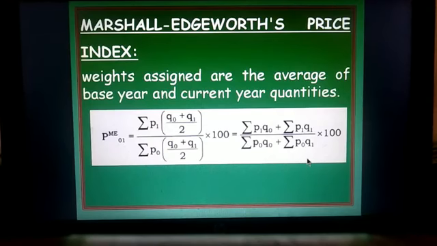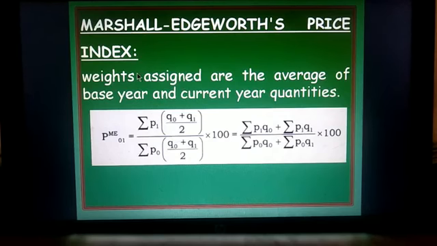In this way, if you memorize, you may get confused sometimes about what to write, whether it is P1 or Q0, P0, Q1, all those you may get confused. But you should remember the concept very well. Sum of P1 and sum of P0 as usual, I mean to say sum of P1 divided by sum of P0 for a weighted price index number, it is a common factor.